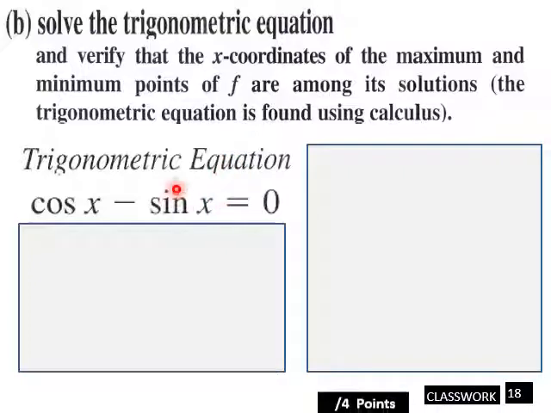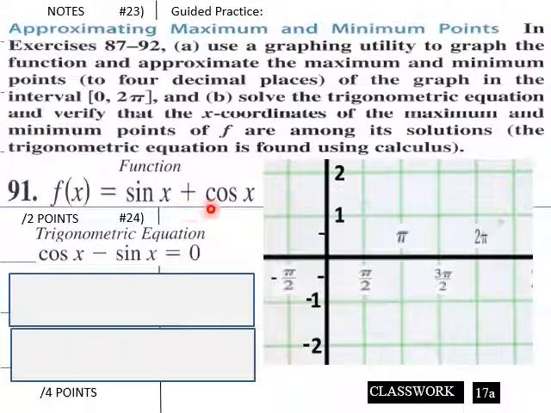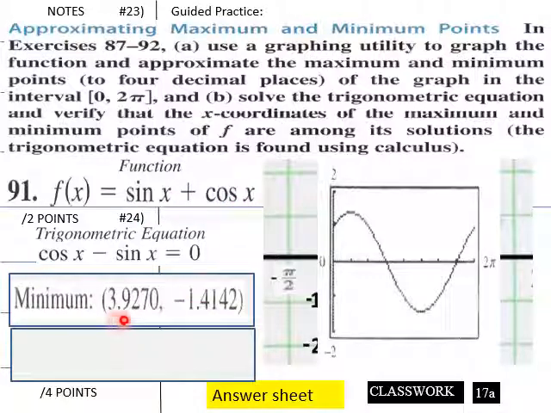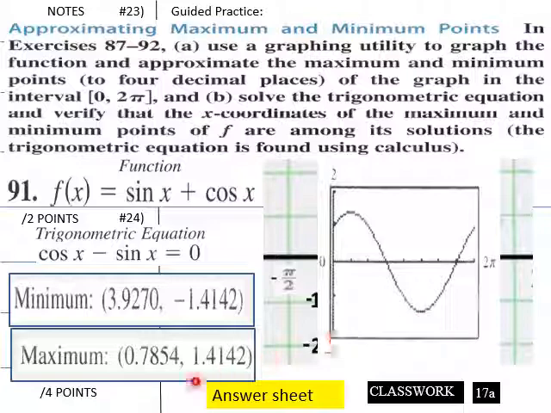So to do this, first, here is your equation of sine x plus cosine x. The min here would be when x equals 3.927, y would equal negative 1.412. And then your max would be over here.